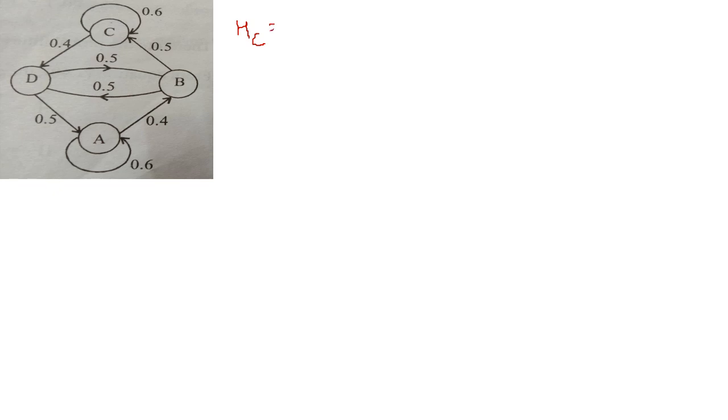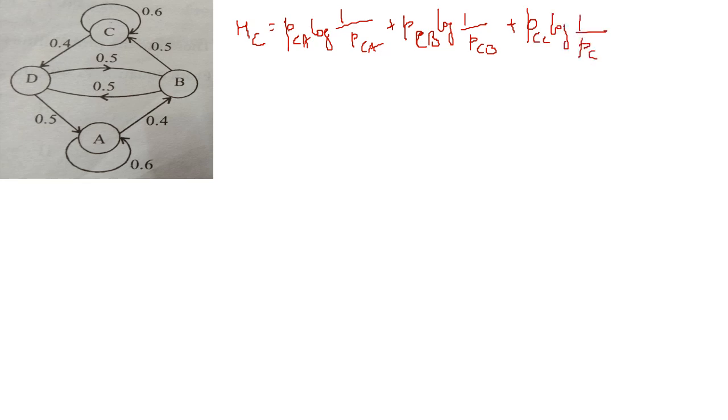HC is equal to PCA log 1 by PCA plus PCB log 1 by PCB plus PCC log 1 by PCC plus PCD into log 1 by PCD. We'll substitute the respective transitional probability from the state diagram.